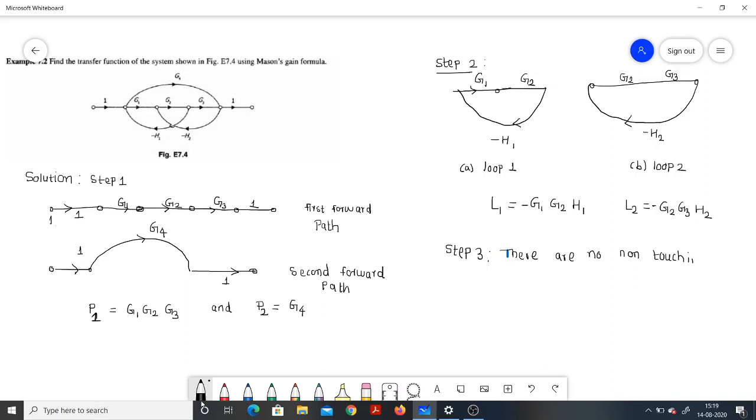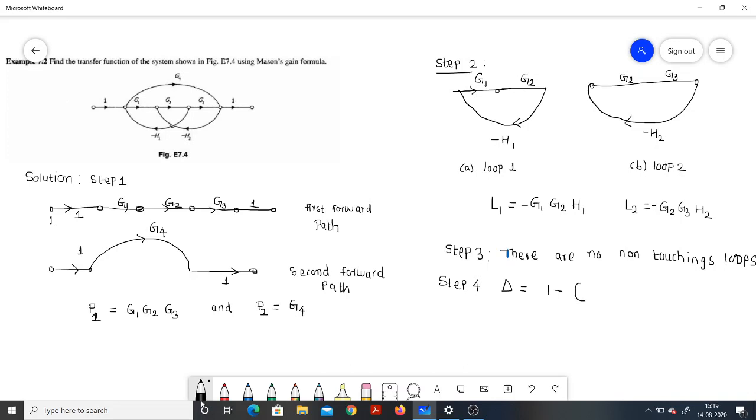Since non-touching loops are not there, my next step will be to find the del. The formula for del is 1 minus the sum of the gains of loops.